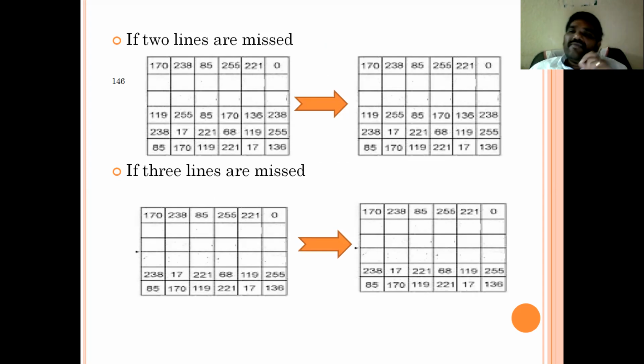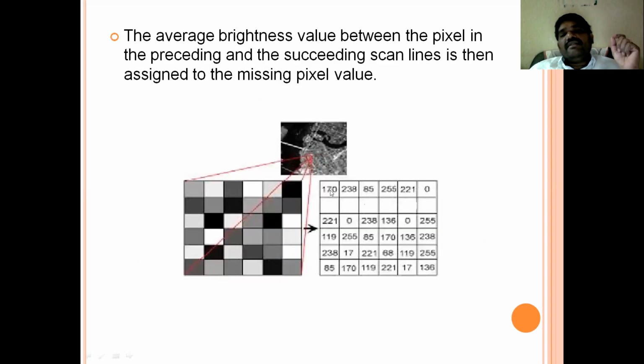See, these lines will be mixed. How, in the sense, by adding the digital numbers of the previous line and the subsequent line and taking the average, we will depict the number here. All these happen due to the non-functioning of detectors.